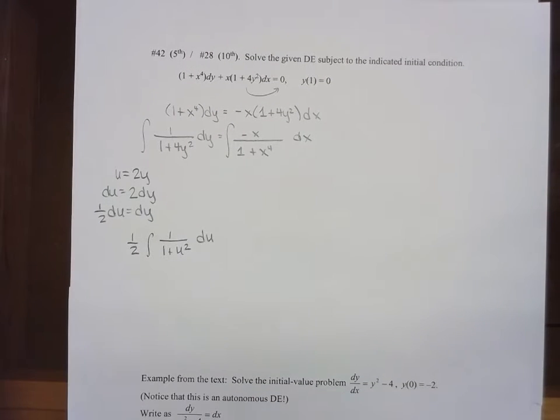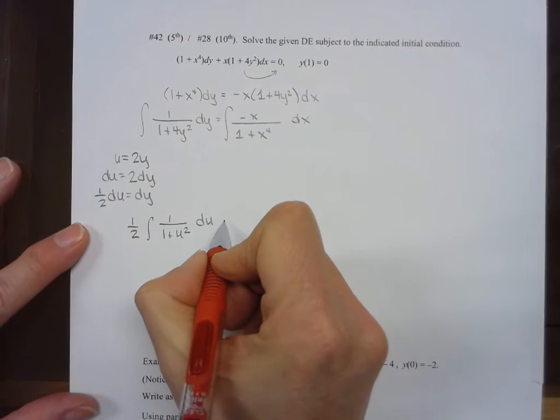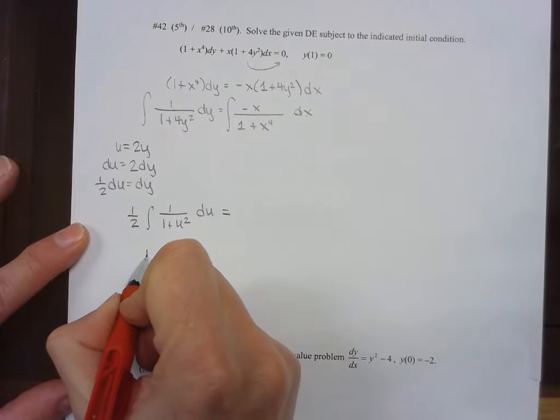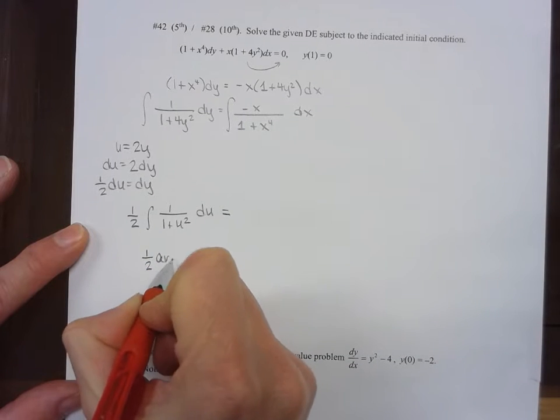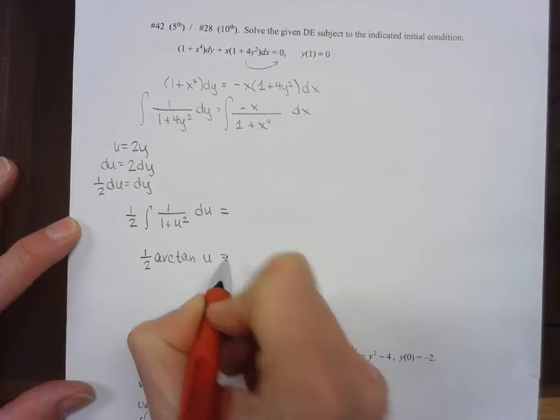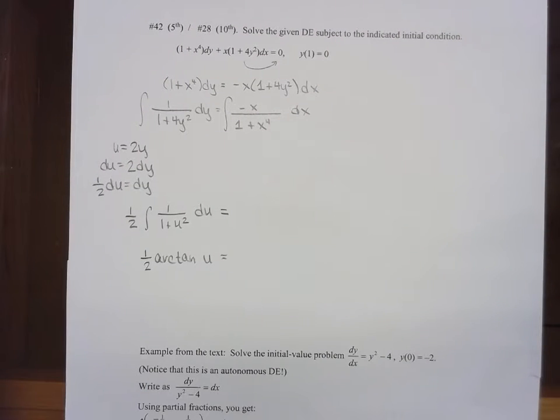And then that's where we are getting arctan. So that'll be 1/2 arctan u, and then I'm going to do the plus c on the other side. And then we would substitute back in for u. So 1/2 arctan 2y.